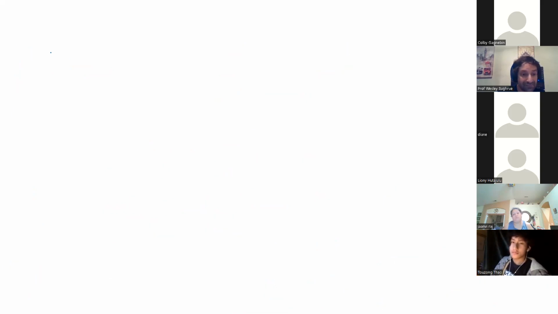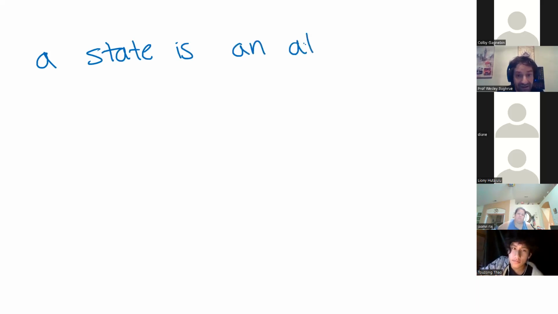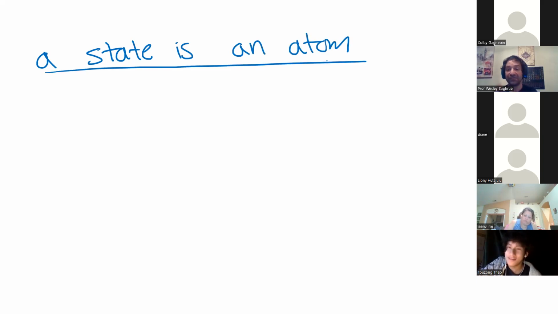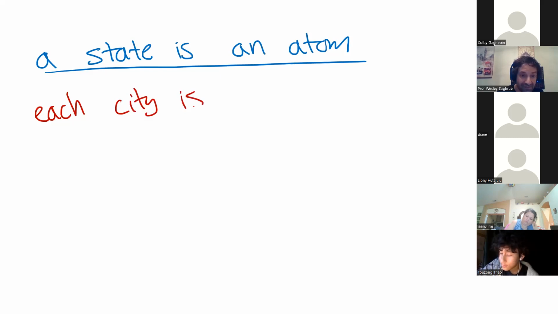So, a state is an atom. Okay, each of those unique states is an atom. Now, each city is what we call an energy level.